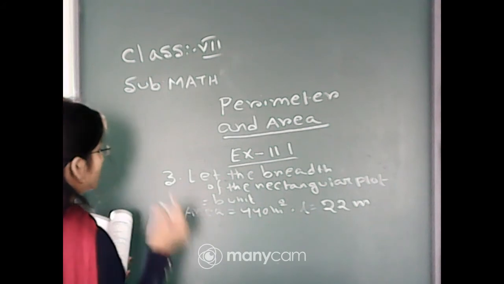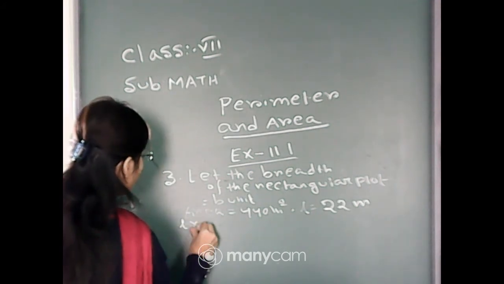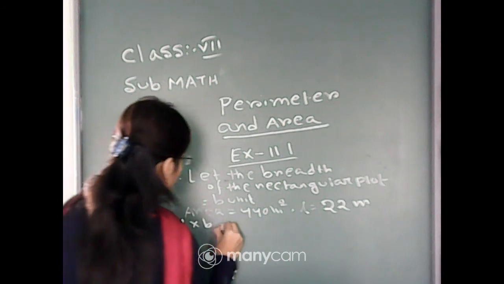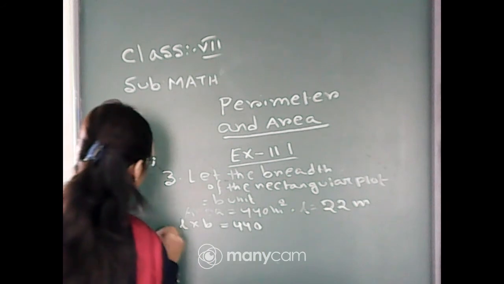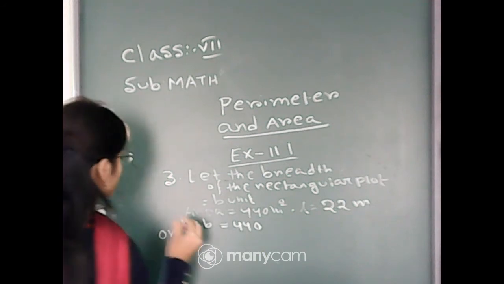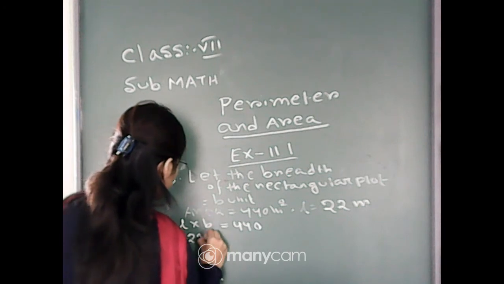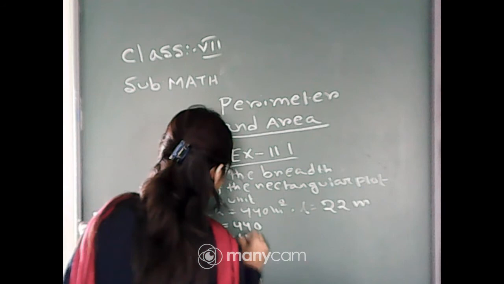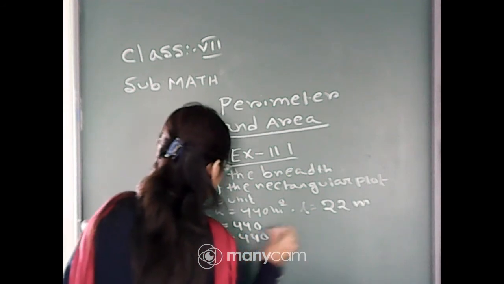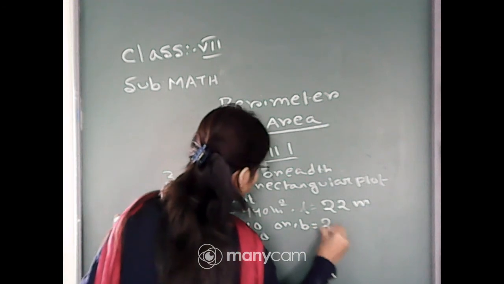We all know that the area formula is L into B and this is equal to 440. Since L is equal to 22, we put the value of L, or B is equal to 20.